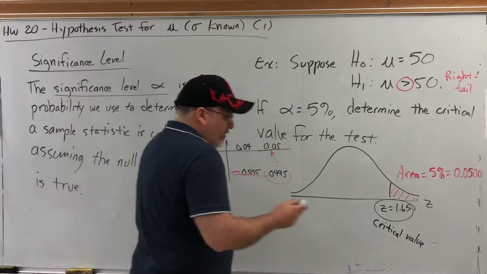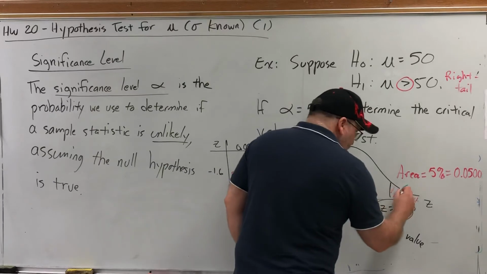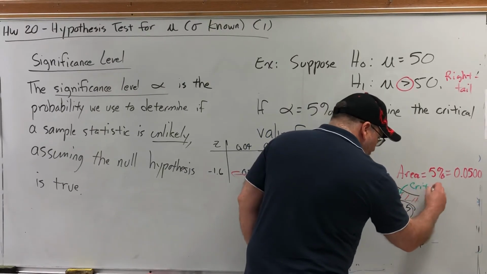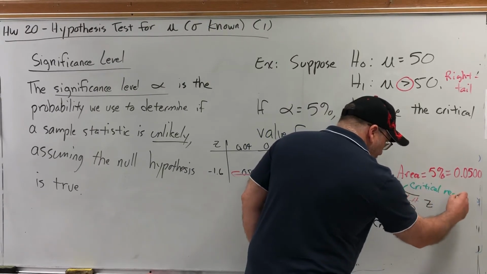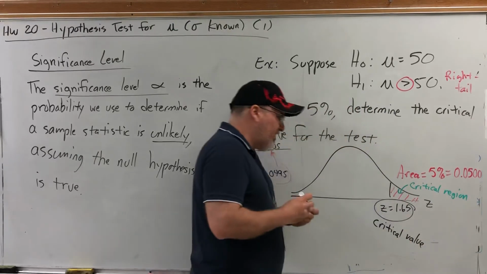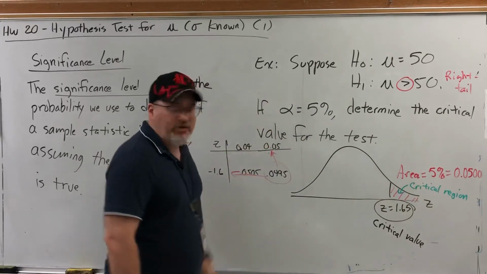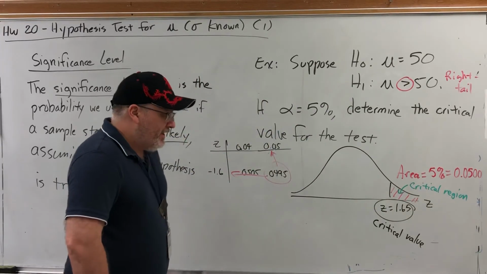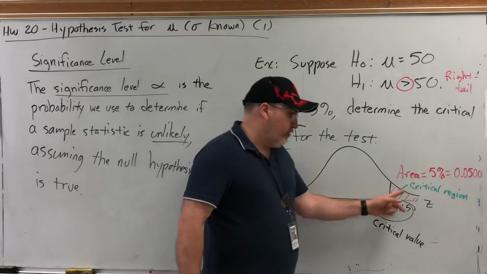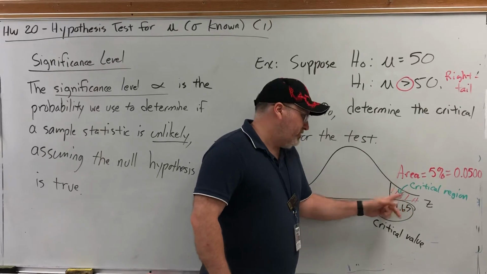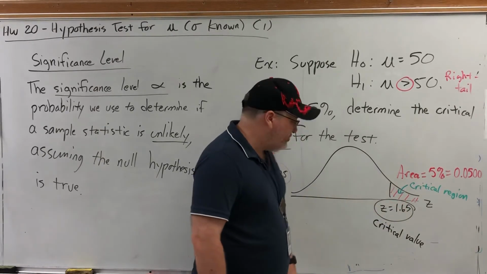One more thing about terminology. The part that you shade in, the author refers to as the critical region. Meaning, if you have a sample that lands over there, we have sufficient evidence to reject your null hypothesis. In some textbooks, this is called the rejection region, because the decision we will make is reject the null hypothesis.